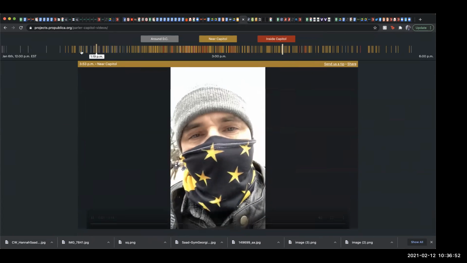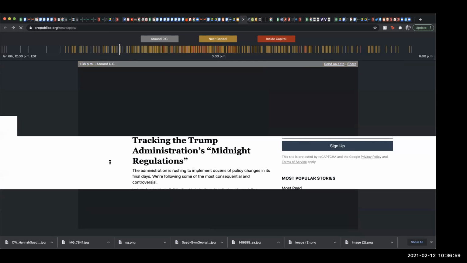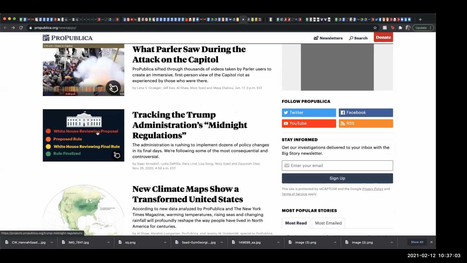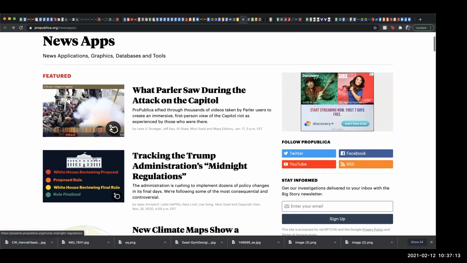They basically took videos of all of these people who stormed the Capitol and put that all into a time lapse to show what really happened. There's some major journalistic questions there that a lot of people have been raising, and they're really interesting.